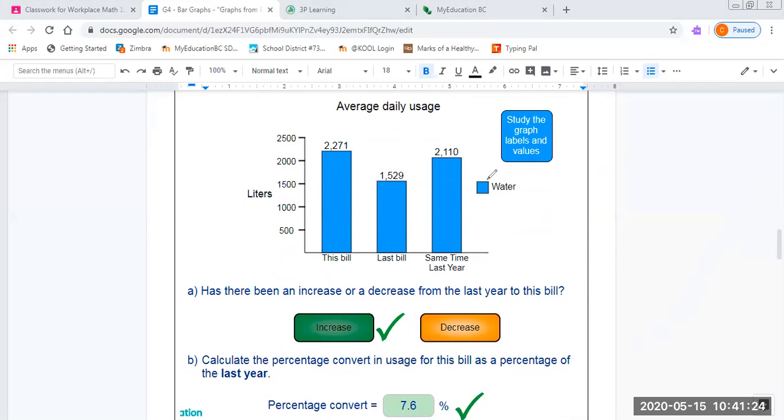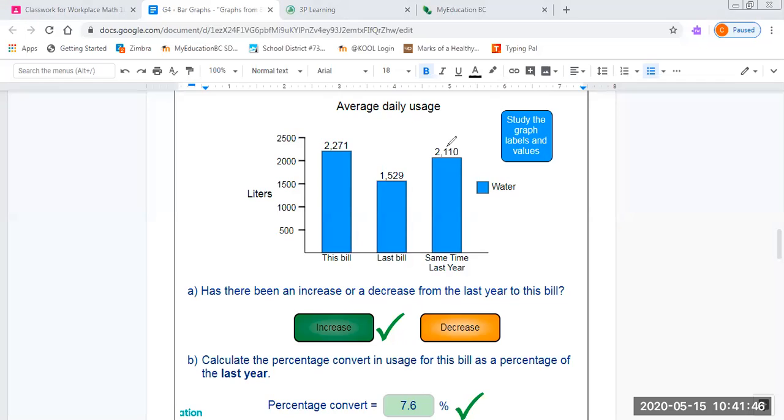You may know that we have water meters now in Kamloops. And so it is tracking how much you use, not only for each billing period, but also it compares it to how much you used the previous year. And so in this particular case, the first question says, has there been an increase or a decrease from last year to this bill?